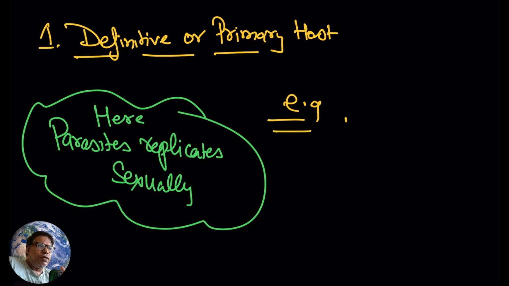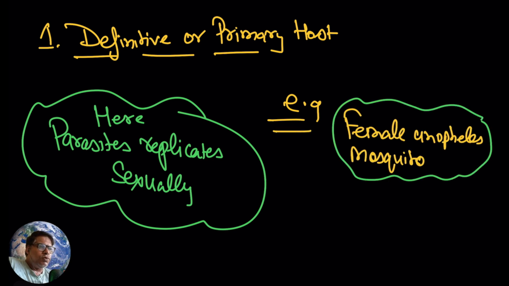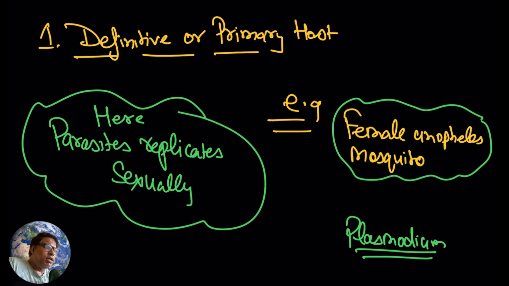Keep in mind, the female Anopheles mosquito is the primary host for the Plasmodium. Why? The answer is simple. The Plasmodium has two types of life stages, sexual as well as asexual, and the sexual stages of Plasmodium are completed in the female Anopheles mosquito.